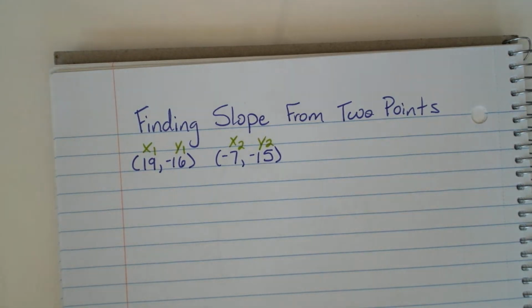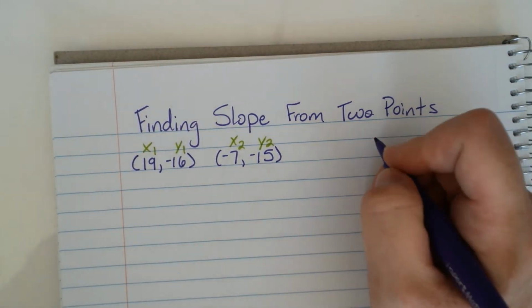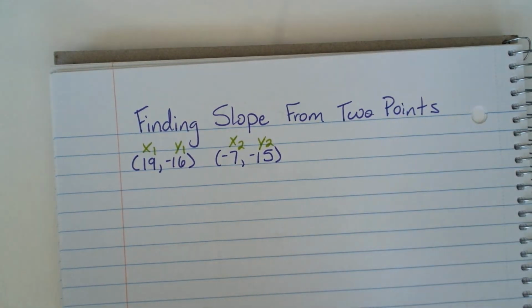So now that we have our coordinates labeled, we need to use our formula for finding slope from an ordered pair. So to find rise over run, which is change in y, how did the y change, how far did it go up, to change in x, which is how far left or right did we go, all we have to do is subtract to find the difference.